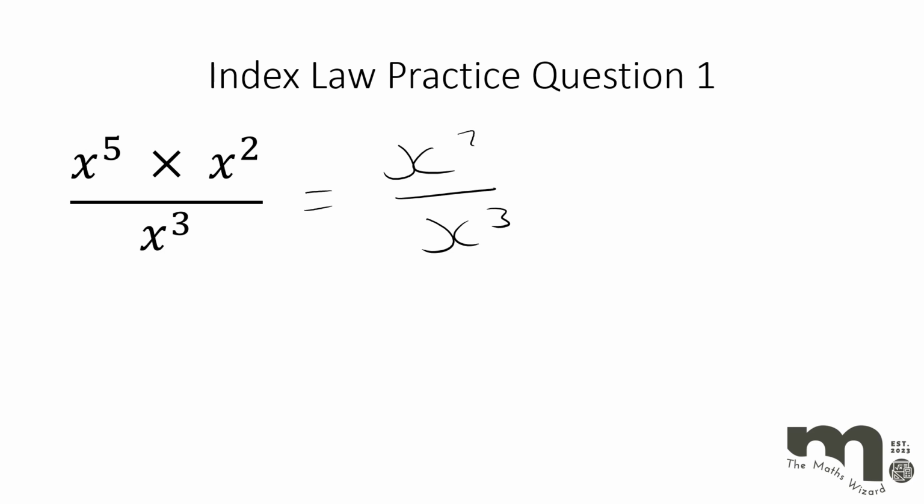We're doing x to the power 7 divided by x to the power 3, and that will give us x to the power 4 for this one. Okay, so we've applied both of those first 2 index laws within one question. Sometimes they might get you to do that, so there might be a couple of steps to get to your right answer.